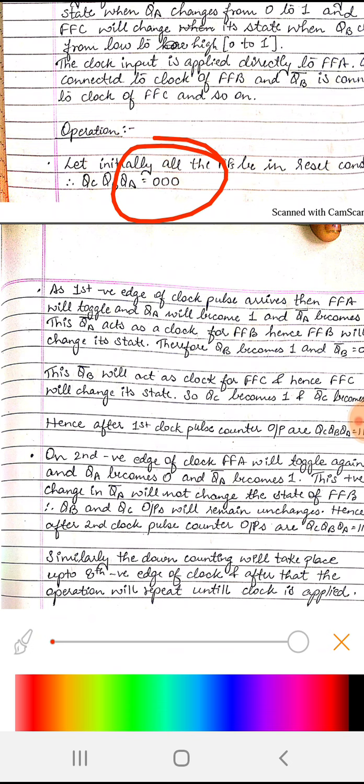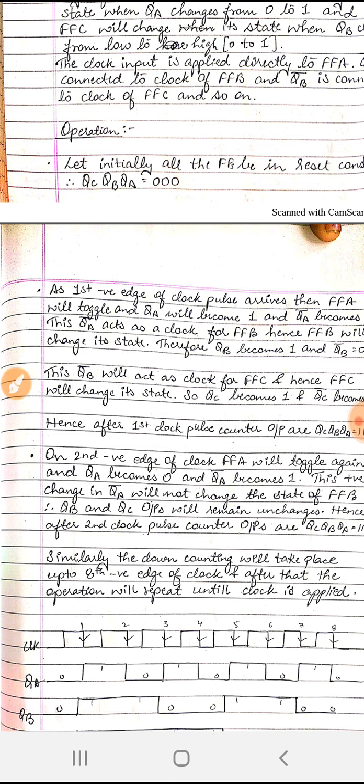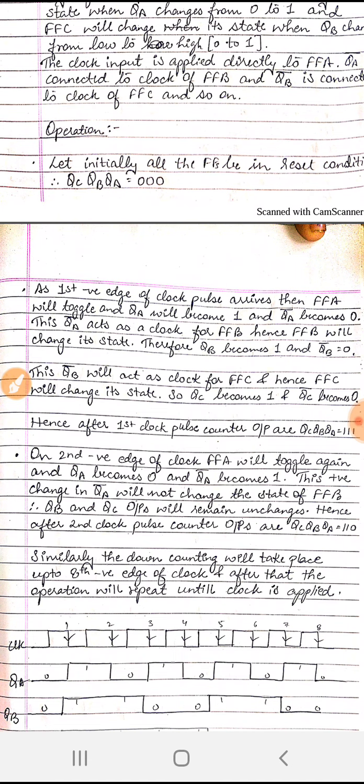On the first negative edge, what would happen? The pulse arrives at flip-flop A, and the output QA will become 1, and QA bar becomes, what would happen to the QA bar? It becomes 0. So QA becomes 1 and QA bar becomes 0.